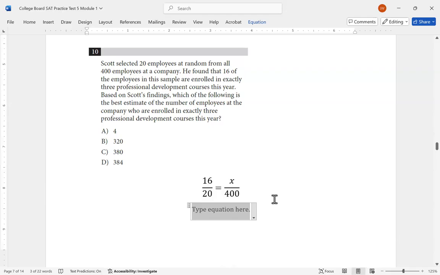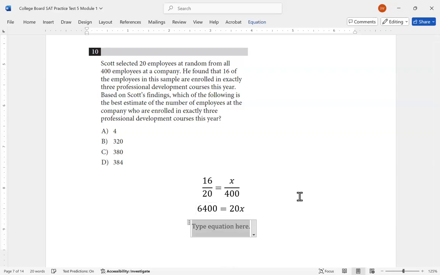I think I'll do cross multiplication, 16 times 400. So multiply 400 times 16. That gives me 6400. Then I'd multiply 20 times x. That's just 20x. And then I can divide both sides by 20.